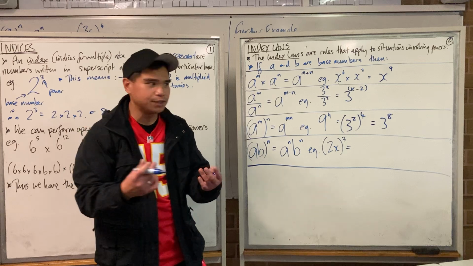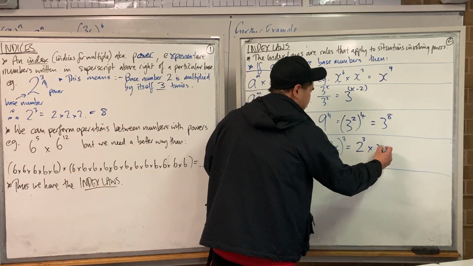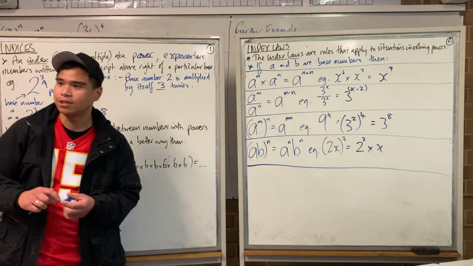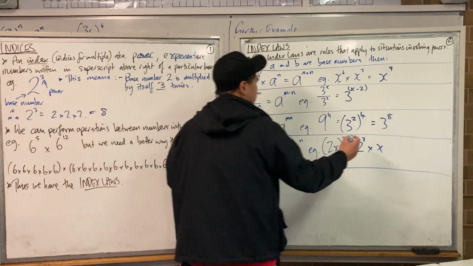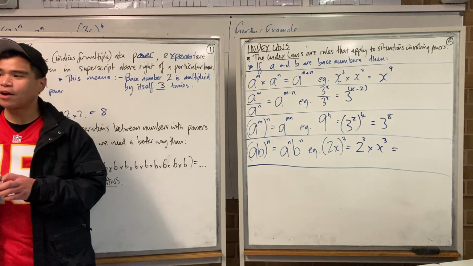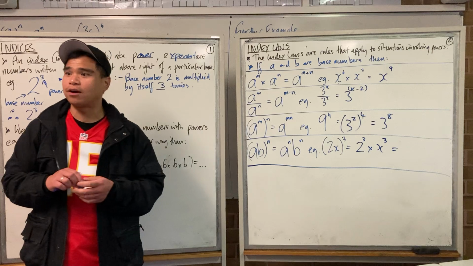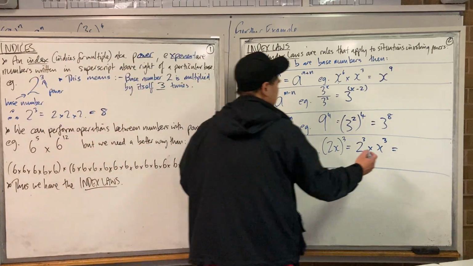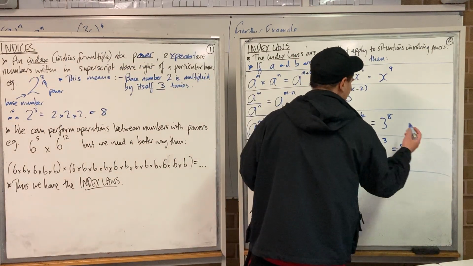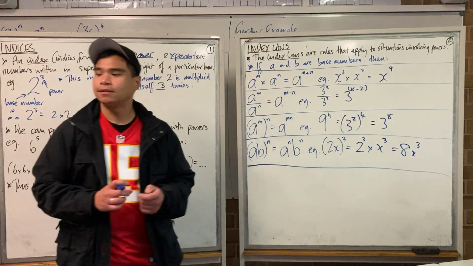It spreads like COVID. So we end up with 2 to the power of 3 times by x to the power of, what's x going to be raised to? 3. 3 as well. Now that is the answer, but you're not going to get full marks for that, because is there anything stopping you working out what 2 to the power of 3 is? No? So please make sure you simplify as much as possible. 2 to the 3 is 8 x to the power of 3.